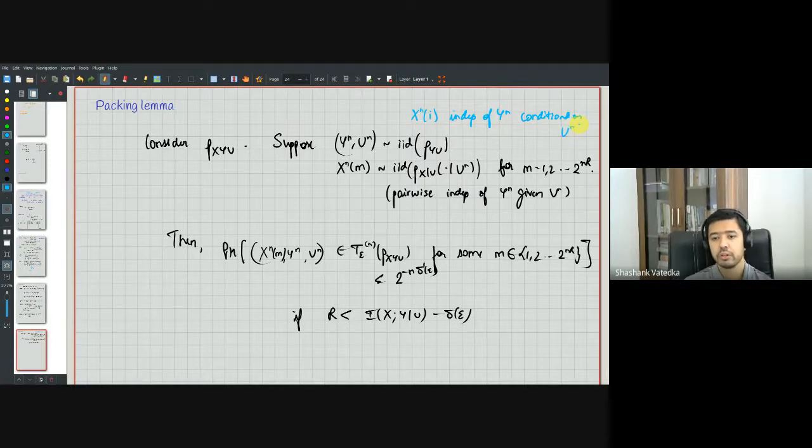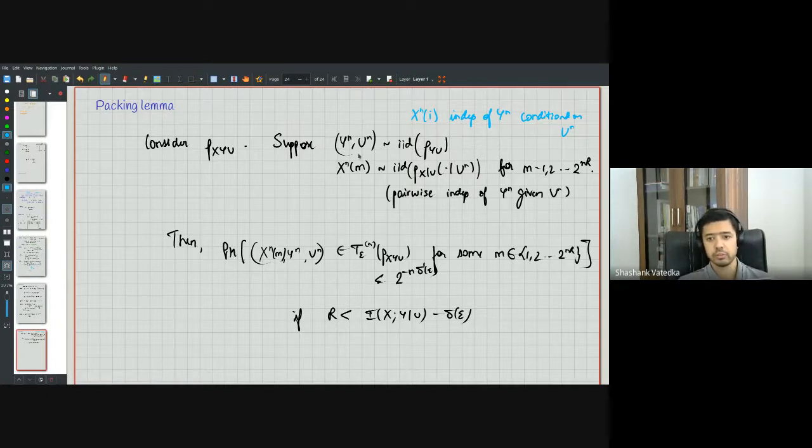Given a particular u^n, x^n(i) and y^n are conditionally independent for all i going from 1, 2, 3 up to 2 to the nR. So I'm generating 2 to the nR sequences, all of them generated i.i.d. p(x given u) and conditionally independent of y^n, which is the exact situation that we have here, except that we don't have a u^n.